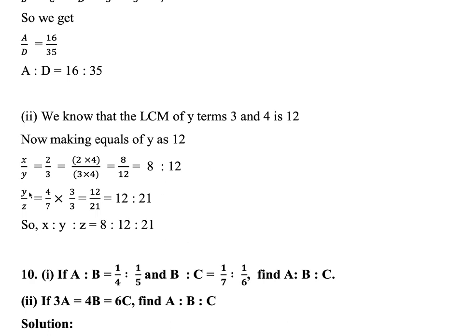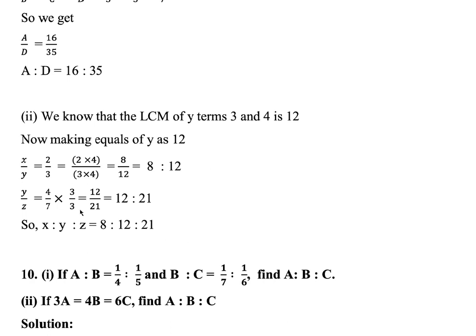Just like this, y is to z is equal to 4 by 7. So here I will multiply. Here the denominator part is 12. So I have to make it 12 the upper part, that is 4 into 3 is equal to 12.